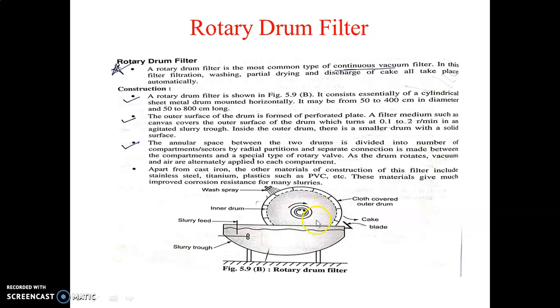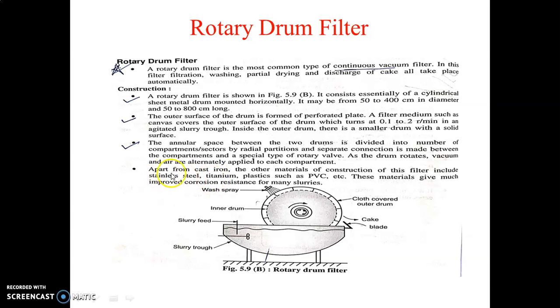So different pipes are provided to these compartments, and as the drum rotates, vacuum and air are alternately applied. According to your application, from this inlet we can apply the vacuum, and when drying is taking place, you have to add air from here. So it will depend upon your operation.